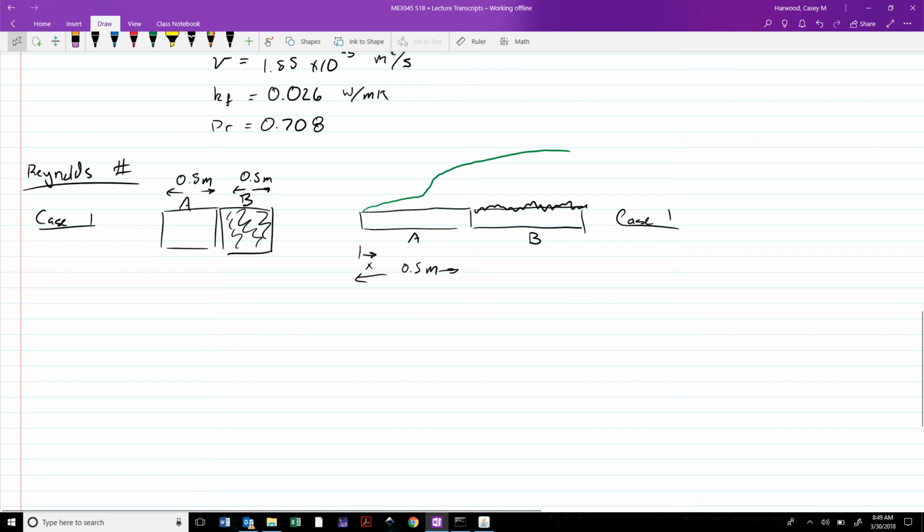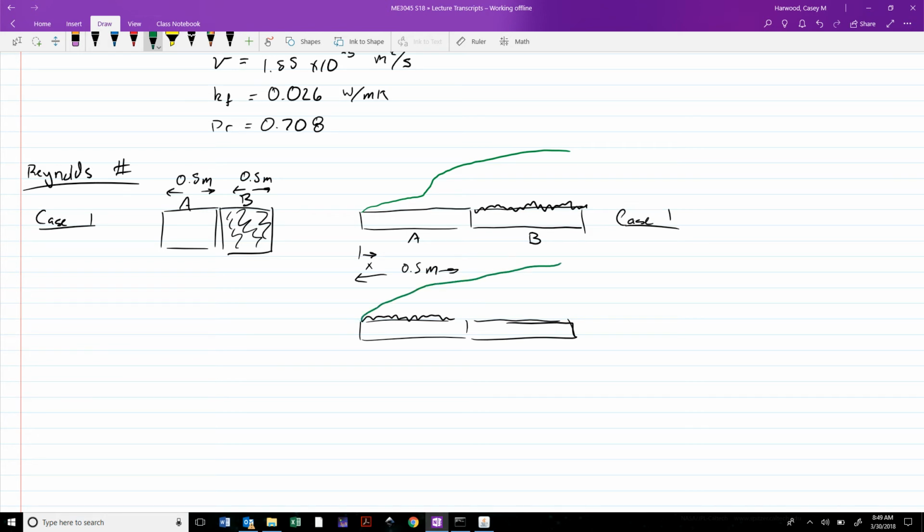If we wanted to draw a similar sketch of case 2, the difference is going to be rough plate upstream, followed by smooth plate. Here, the flow is simply going to become turbulent right away.